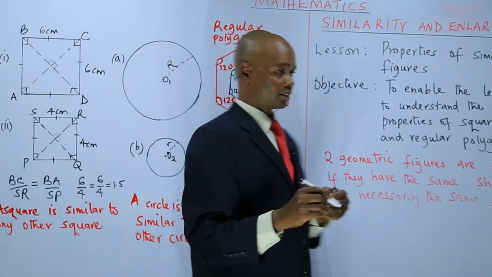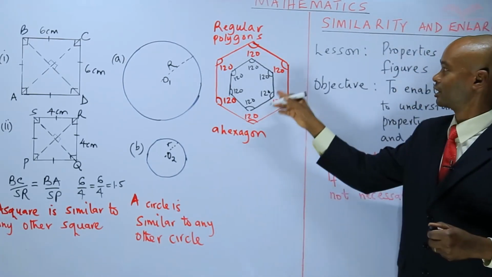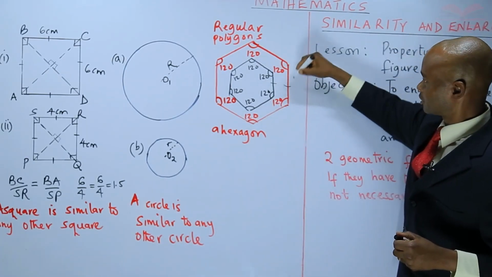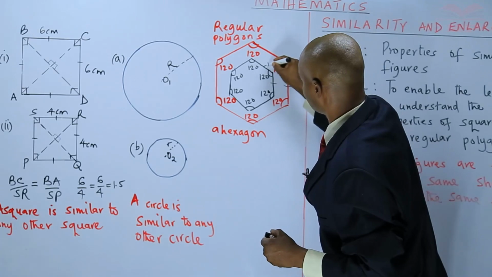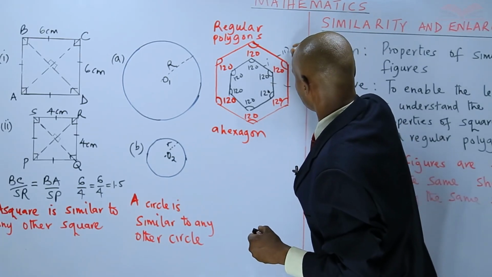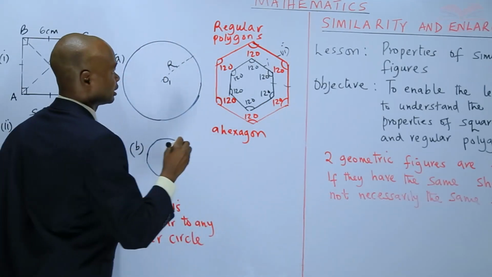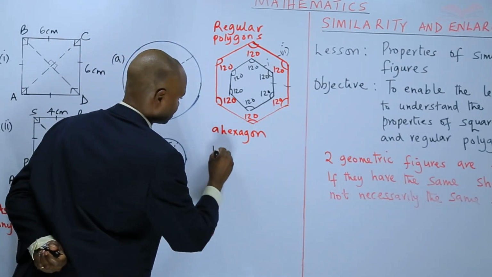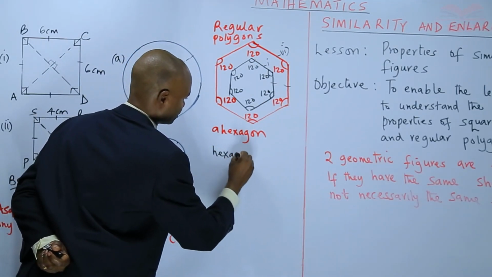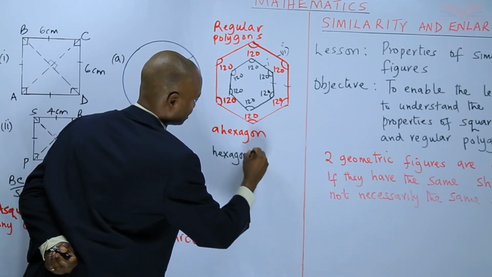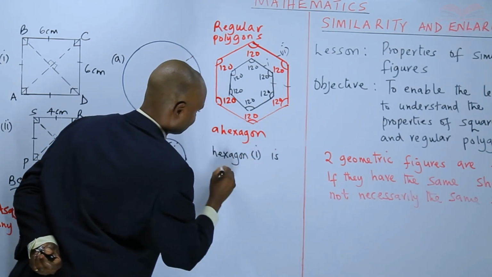It will mean that the smaller and the bigger hexagon, you can call this one hexagon 1 and this hexagon 2.